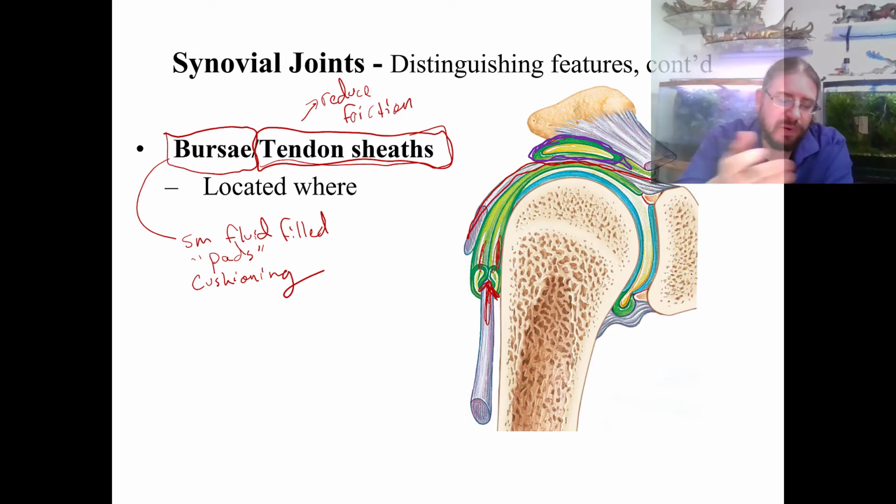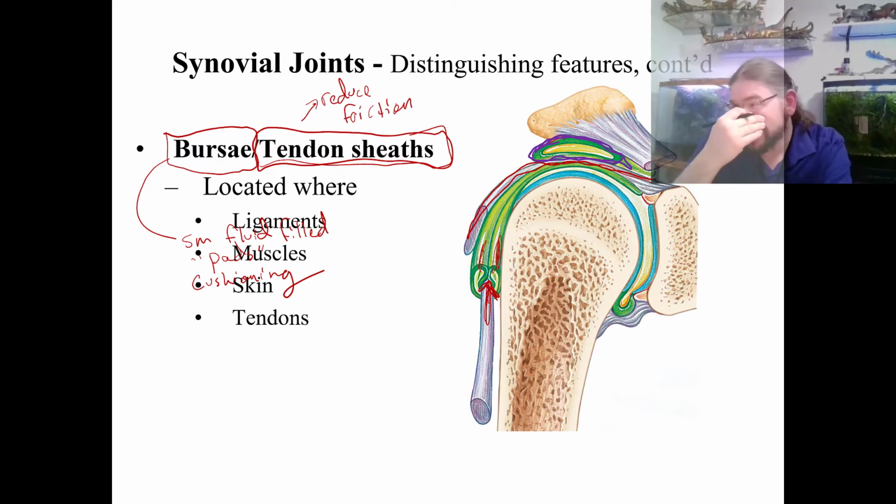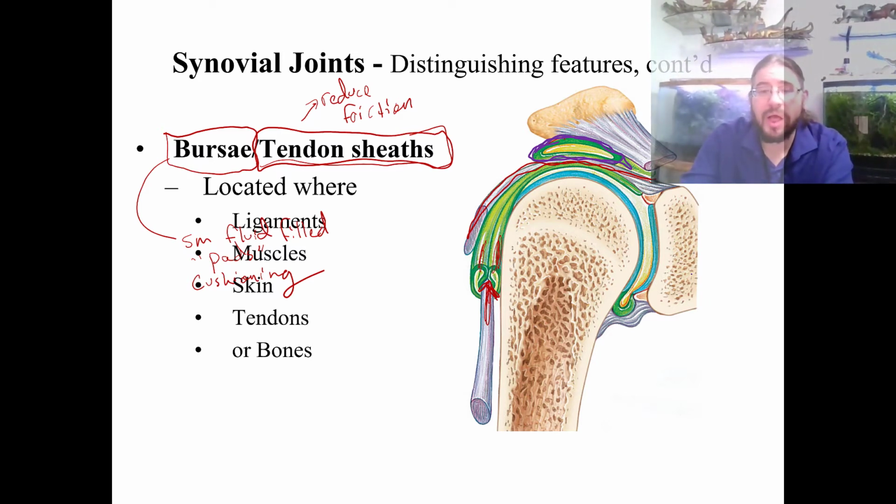So these bursae and tendon sheaths are located where we have ligaments, where we have muscles, right? Where we have skin. There are bursae underneath the skin because skin stretches and can apply friction to a joint. And anywhere you have bones. So they are all over the place. So obviously tendon sheaths where you have tendons, but bursae are present between bones.